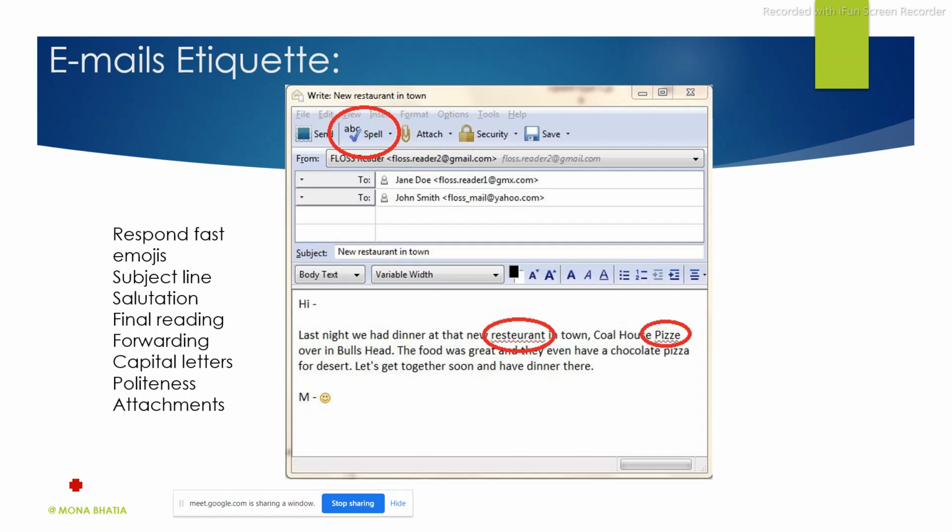But this is a proper noun, so you cannot do anything about it, just ignore that. But in case other words are there, for example restaurant, pizza and all, you will correct it and then send it.